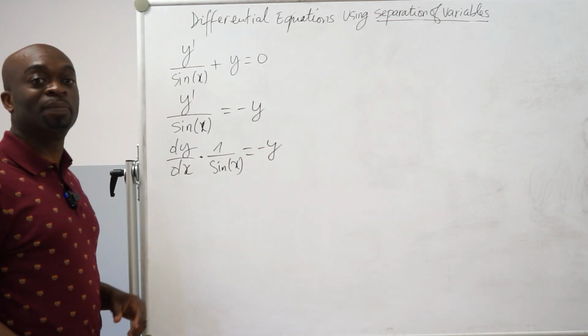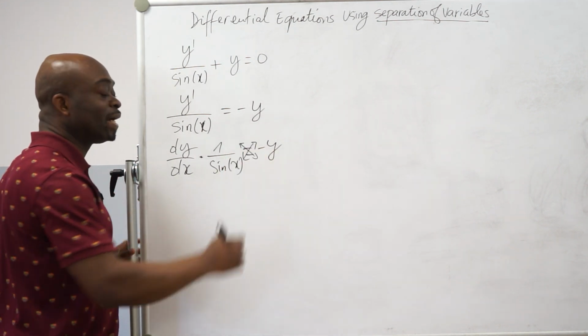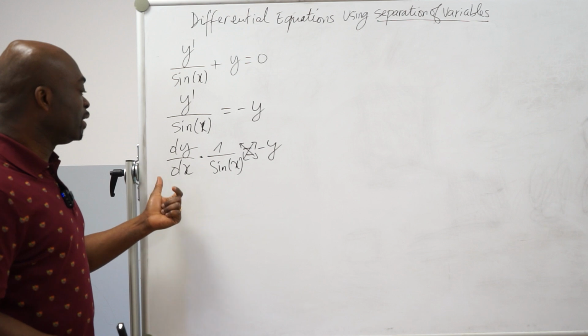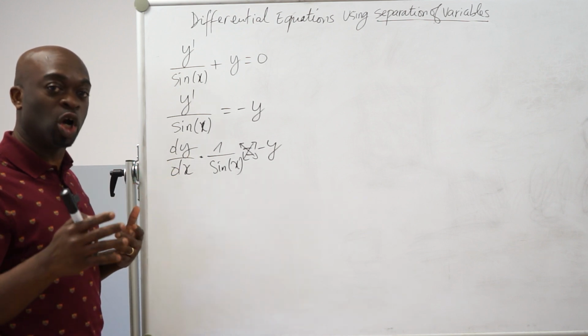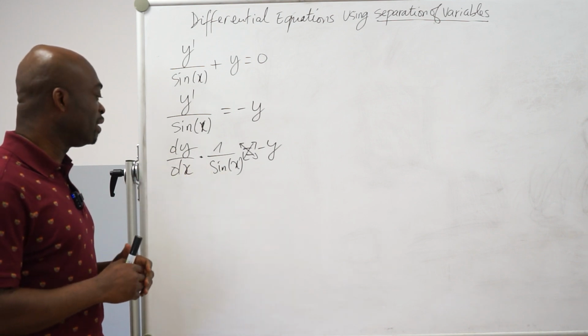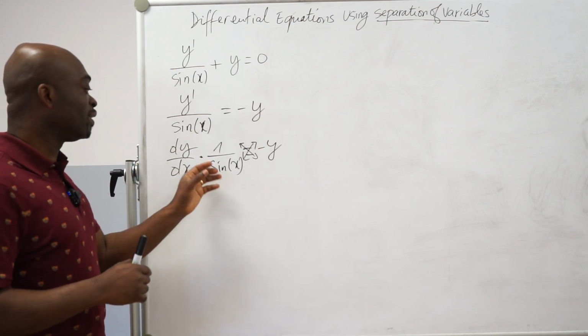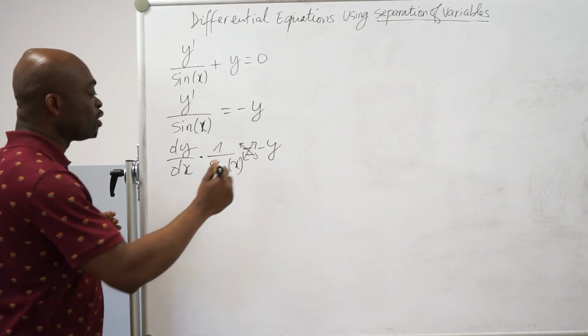Now we can cross multiply. Cross multiplication entails that whatever we need, we stay, and whatever we don't need, we go. So dy, we need it on the left side, it stays. dx goes, sine x goes, and y comes down on this side. So what's going to happen?